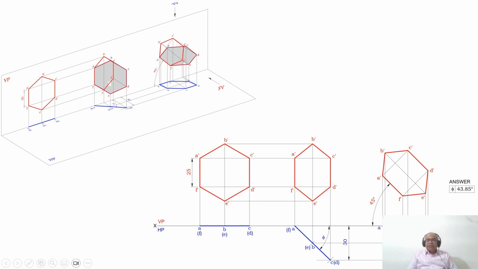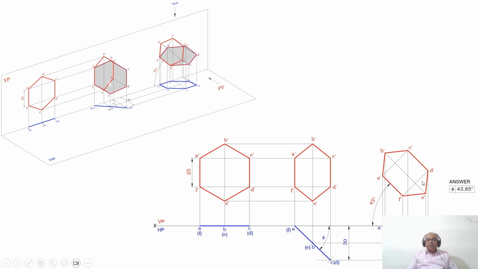You mark this point as C and you mark this point as D. Then join A to B, B to C, C to D, D to E, E to F and F to A with a dark line. And so this is how you will be able to write the solution in the sketchbook.